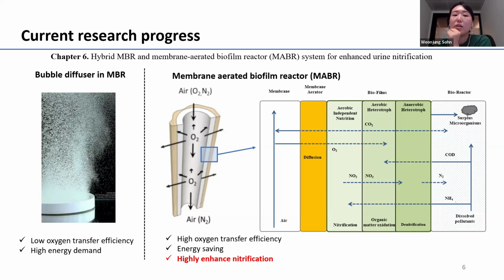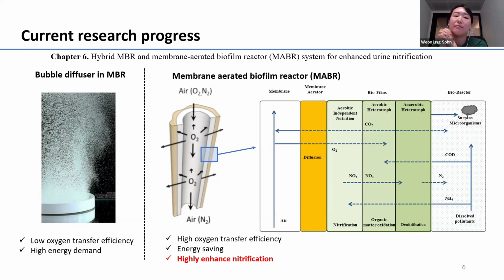In this case, dissolved oxygen can be controlled by the pressure of compressed air through the membrane. But with the small, maybe energy can be saved more compared to the MBR.